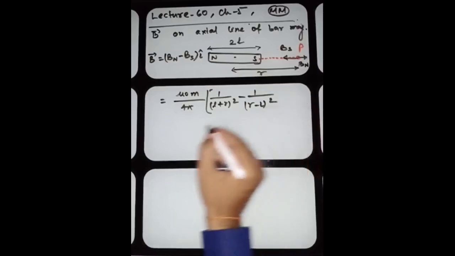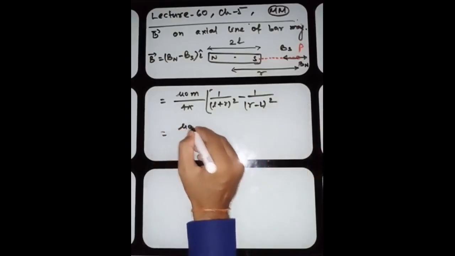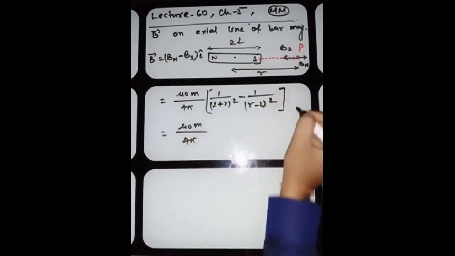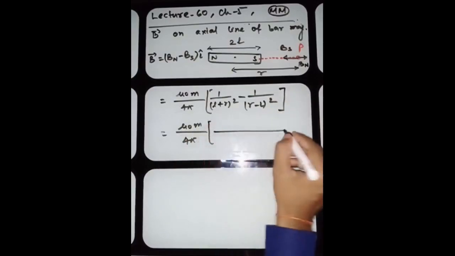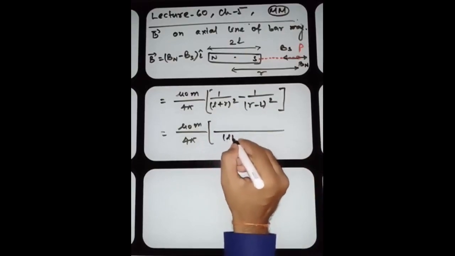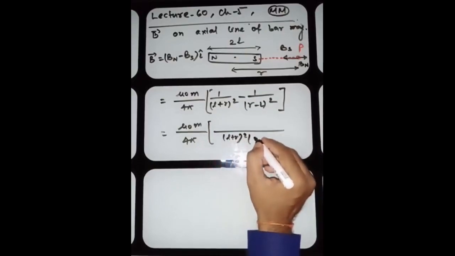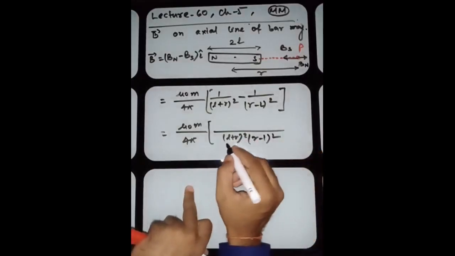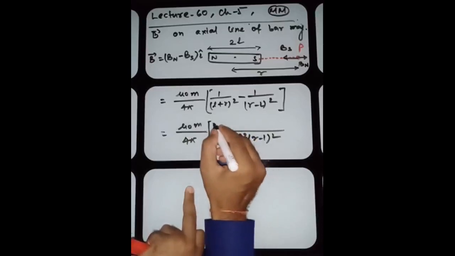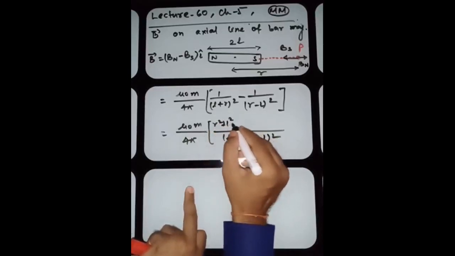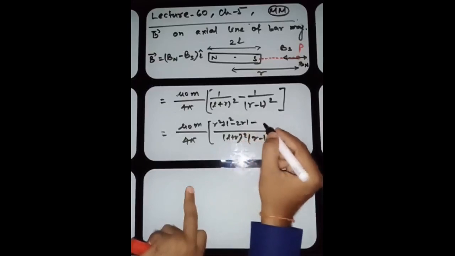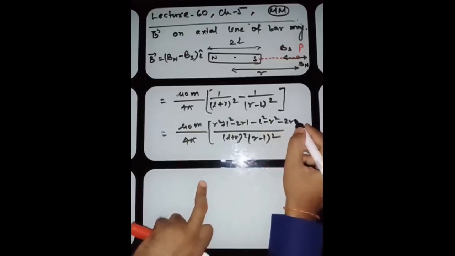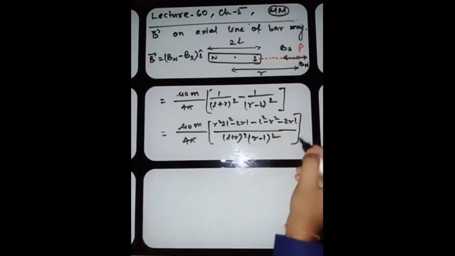Now mu naught m, it is all about the calculation. Taking LCM, (L plus r) whole square times (r minus L) whole square. So it is r square plus L square plus 2rL minus L square minus r square plus 2rL.